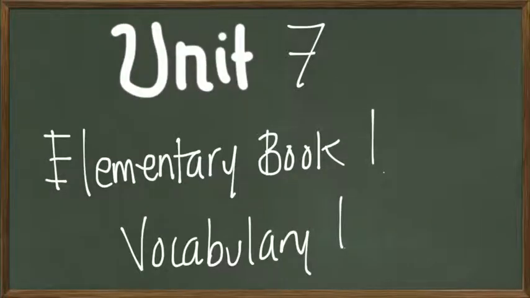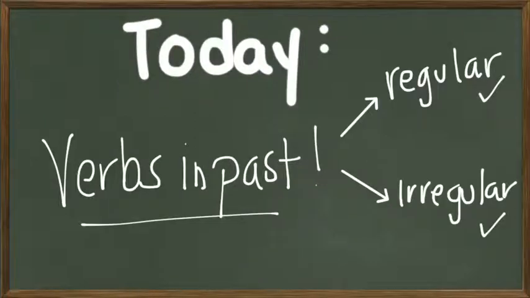This was a very important unit for your English development. Why? Because the vocabulary we saw for this unit is verbs in past. All these verbs you will study from now on in pre-intermediate, intermediate, advanced, super advanced, mega advanced levels. It doesn't matter. Your regular verbs and irregular verbs have to be very good in spelling and pronunciation as well.